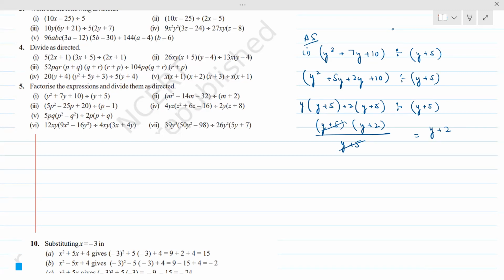Similarly, let's take the seventh part, which is 39y cube plus 50y square minus 98 divided by 26y square plus 5y plus 7. Right? Now let's take this.